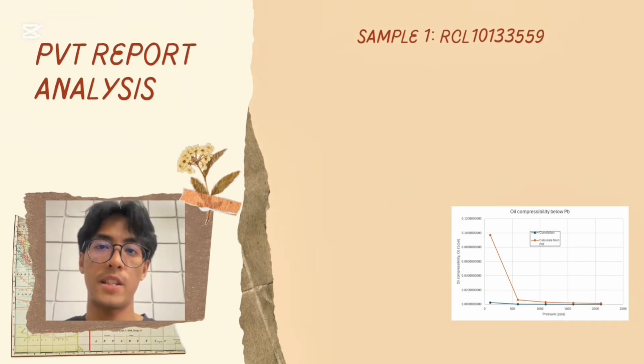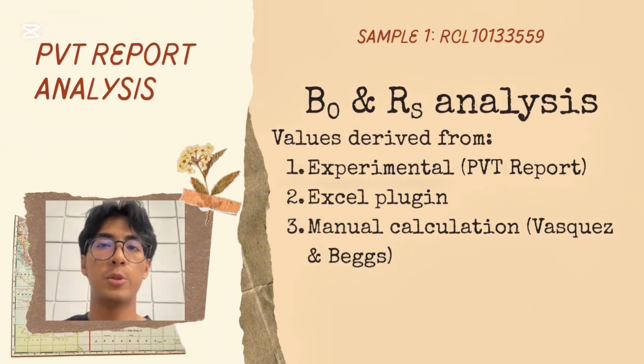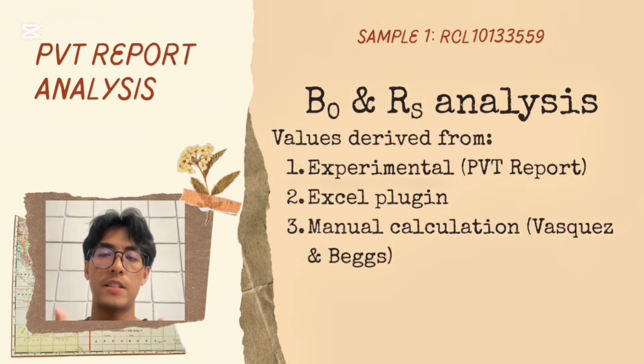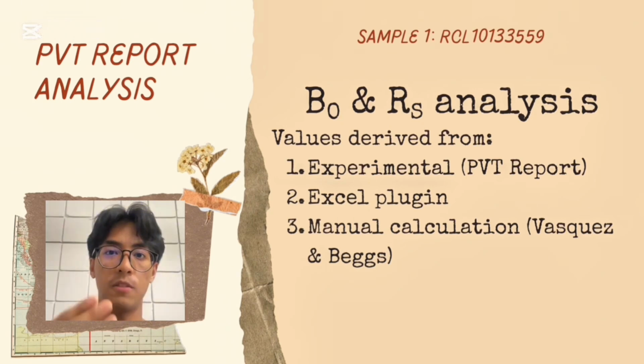So moving on with the sample, we were able to determine the Bo, which is the oil formation volume factor, and also the Rs of the sample, and we got three different sets of values. The first set will be the values we got from the experimental value, which is obtained from the PVT report itself.